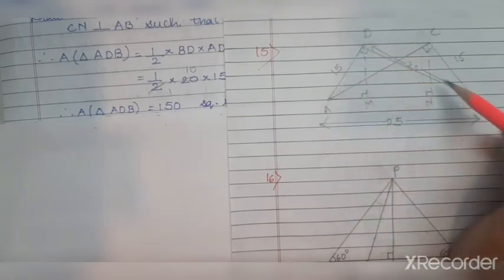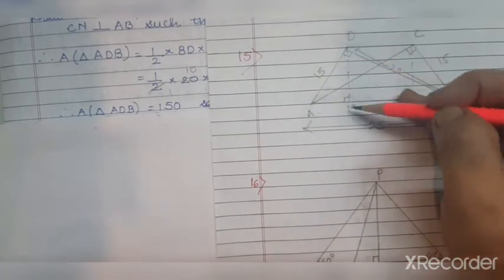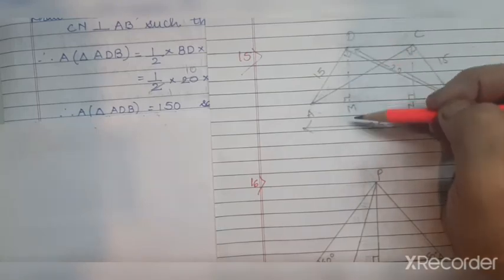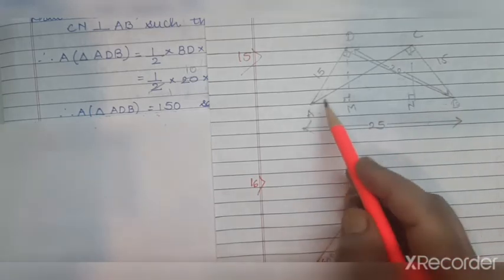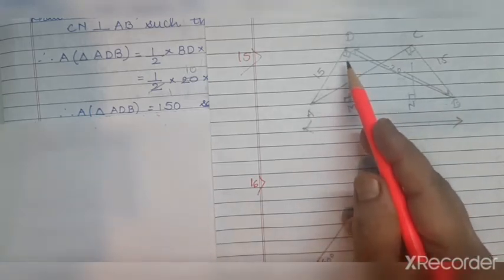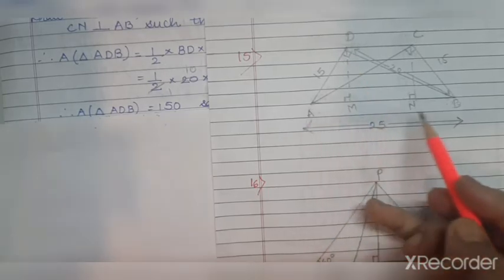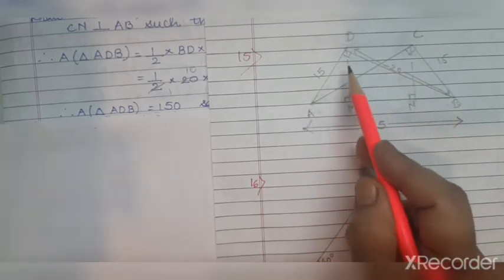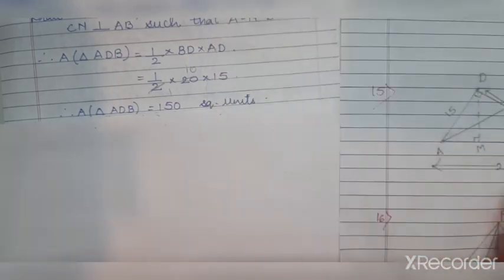In the same triangle, if I take AB as the base, the height will be DM, which is the construction. Okay. So the same thing we will use here, saying that area of triangle ADB is equal to half into AB into DM. So I have written that statement here.